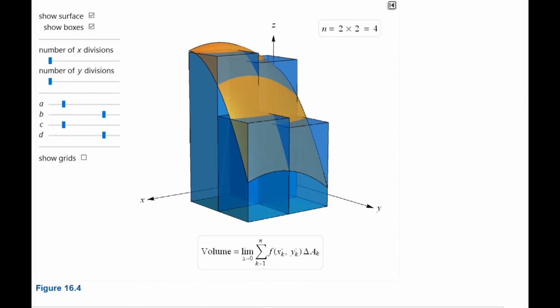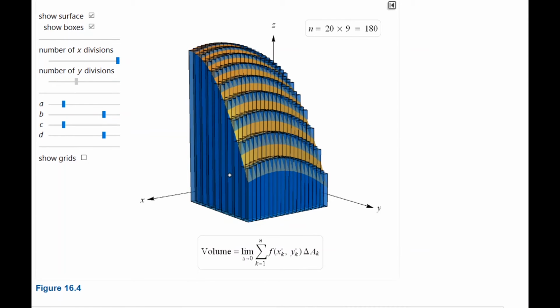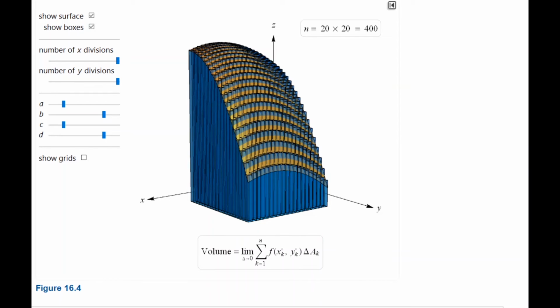So here you could see the rectangular prisms all together, and you could also see that as we increase the divisions so that the area of each of the rectangles gets smaller and smaller, we get better and better approximations for the volume under the graph once we sum the volume of all of the rectangular prisms that we've obtained through getting a partition of our rectangular region.